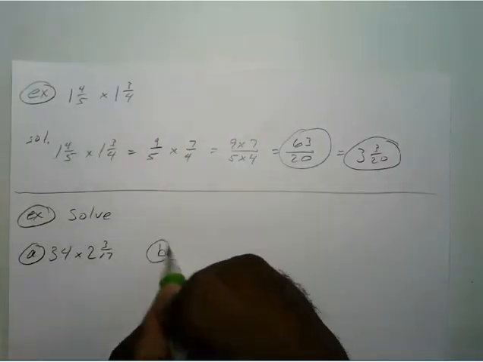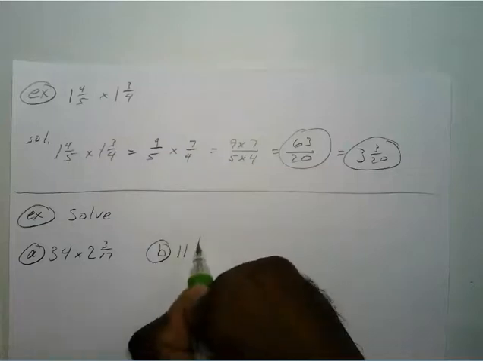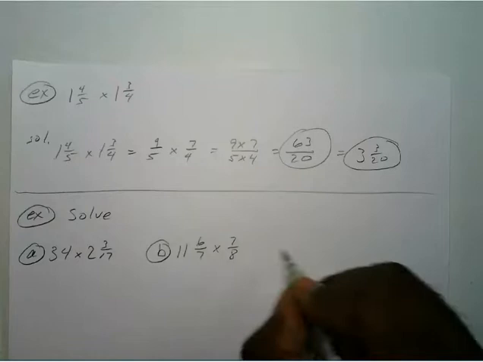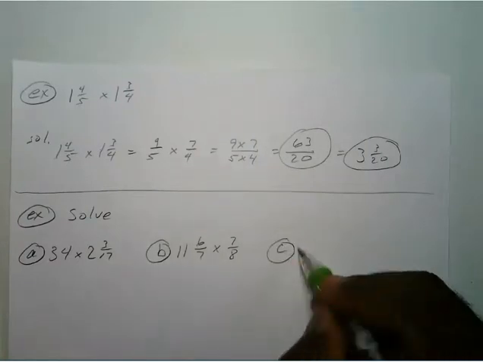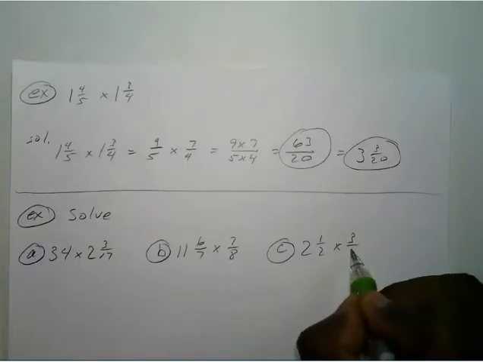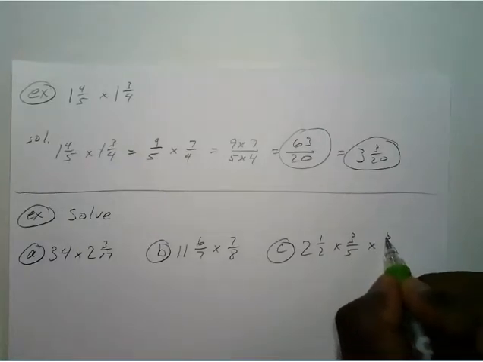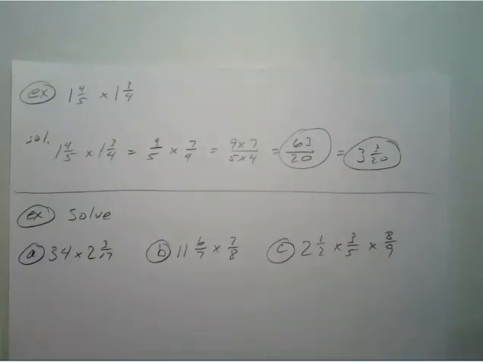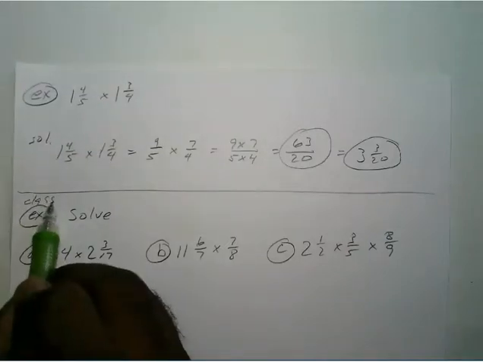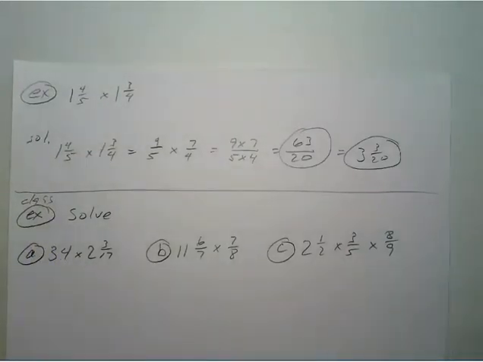For problem B, 11 and 6/7 times 7/8. And for problem C, 2 and 1/2 times 3 over 5 times 8 over 9. I want you to go ahead and press pause and solve all 3 of those on your own.